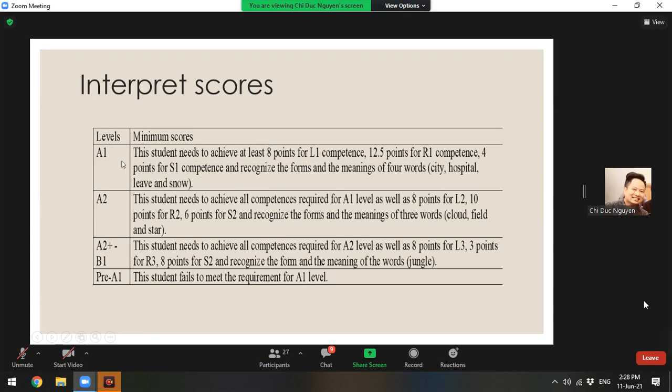Okay, so the third thing that you have to refer back to in terms of test specification is that we have to look at the ways the test designer requires us to interpret the score. Okay, and so you can see the example for the other one as well.